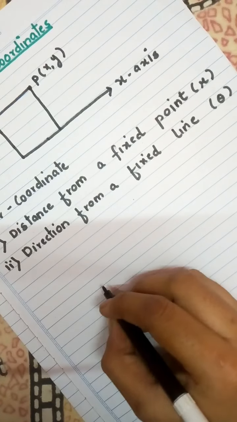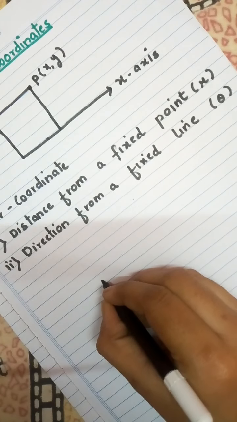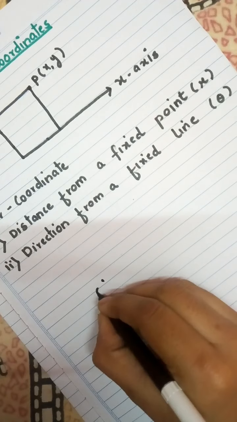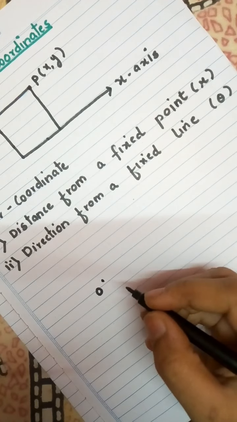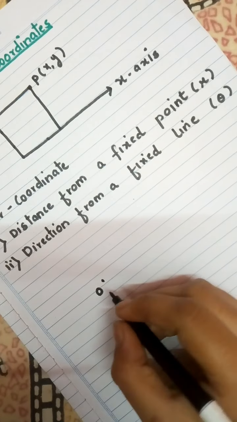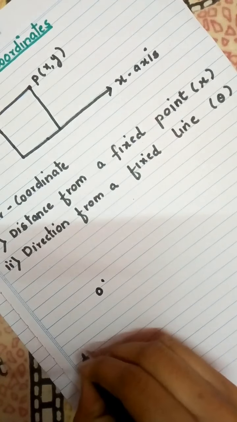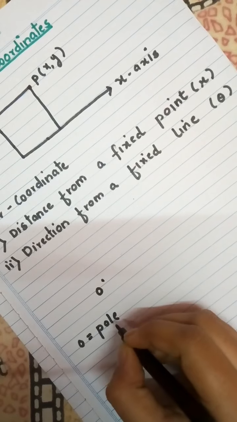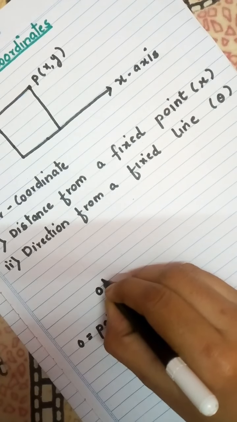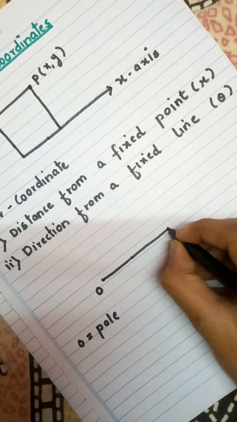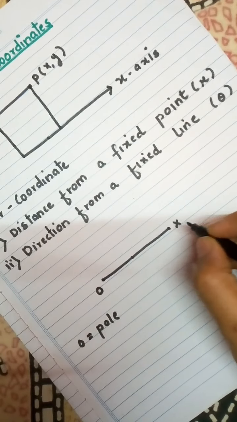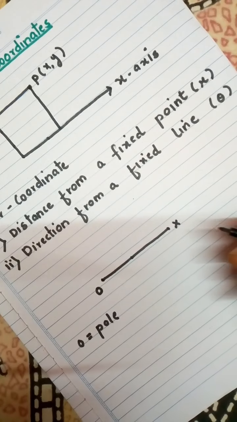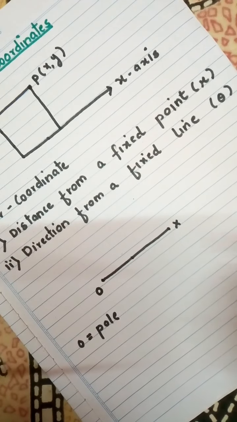Suppose we have a fixed point. This is our fixed point O, and we call this point O a pole. From O we draw a straight line OX, which we call the initial line or polar axis.